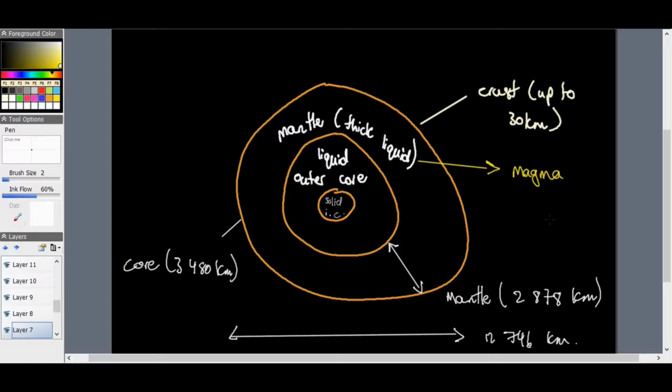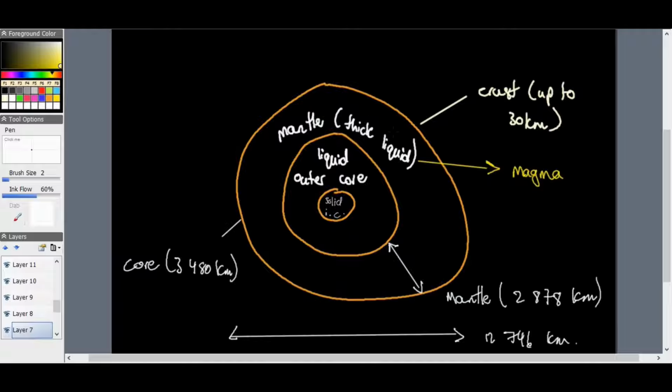It does cool down when it reaches the outside surface of the Earth, though it takes its time, and it does wonderful things when it cools down, except that when it has erupted and it flows, it melts everything in its path.